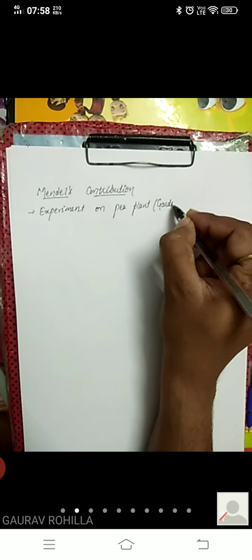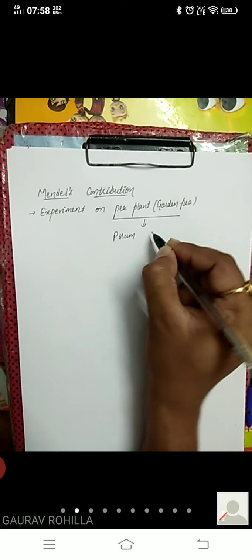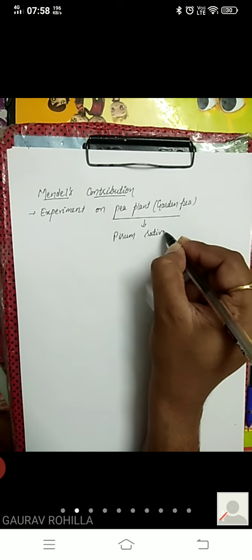I mention it here, garden pea, and the scientific name of garden pea is Pisum sativum.